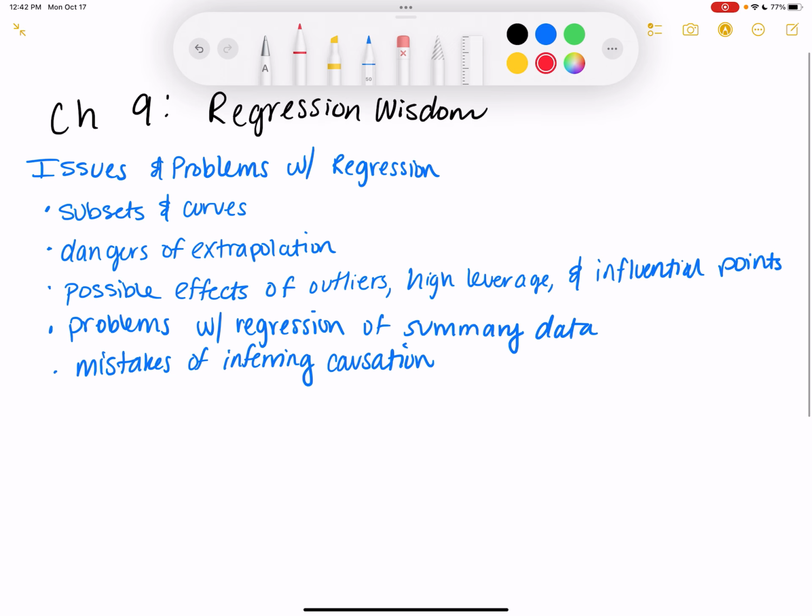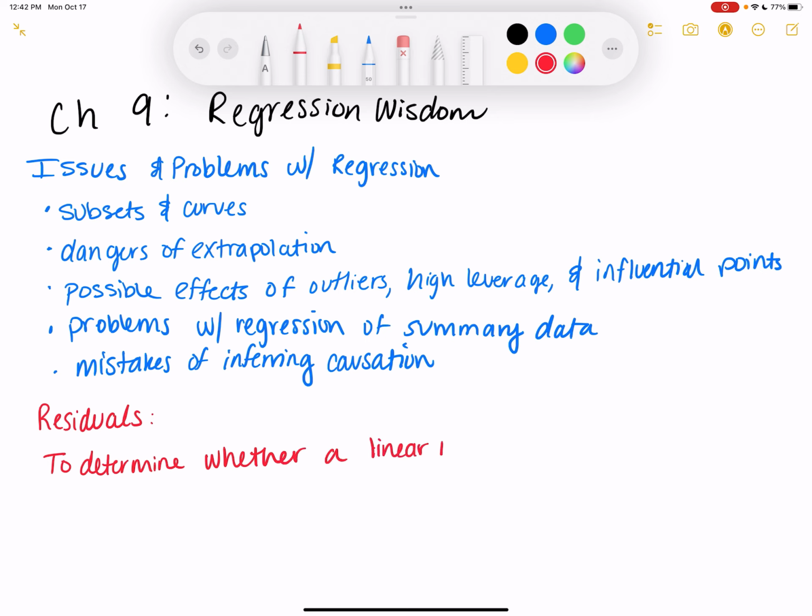So then residuals. To determine whether a linear model is appropriate, we examine the residual plot.